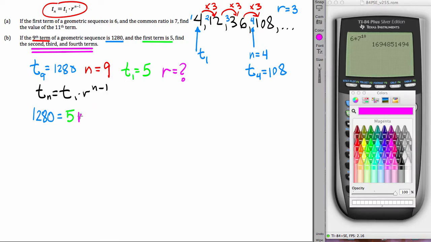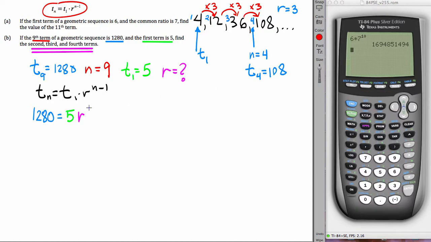In this particular example, we don't know r, but we do know that r is going to be raised to the n minus 1. So let's proceed and do the arithmetic. 1280 equals 5 times r to the 8th.